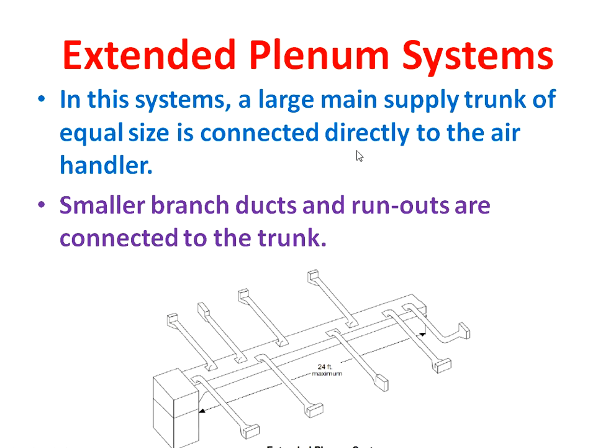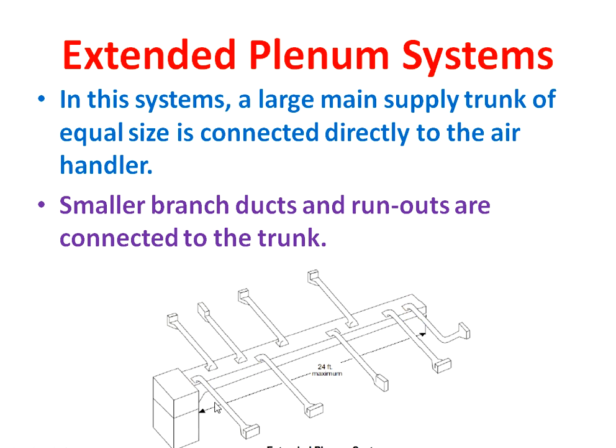In extended plenum system, a large main supply trunk of equal size is connected directly to the air handling unit. You can see here in this picture, this is the air handling unit, and a large equal size main duct is connected to this AHU. This is the main duct, and its cross section area is constant throughout its length.